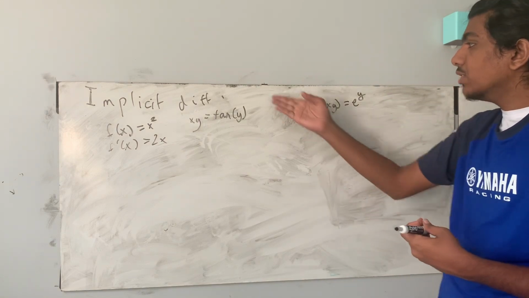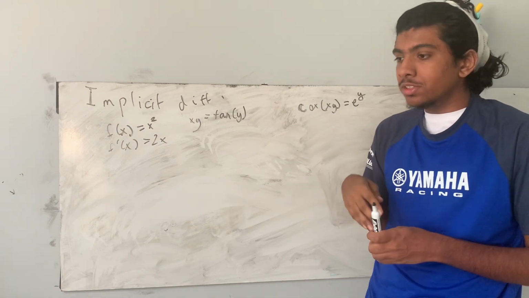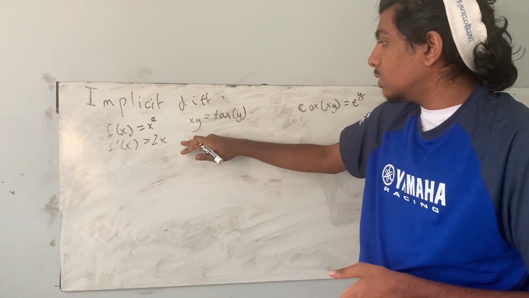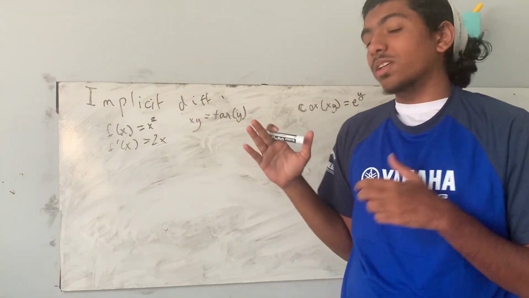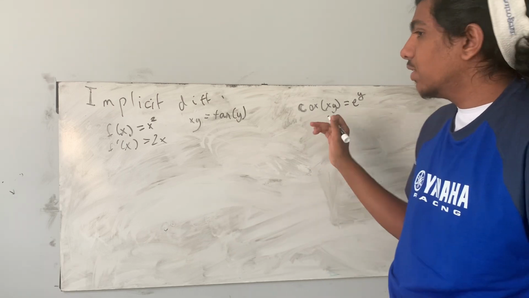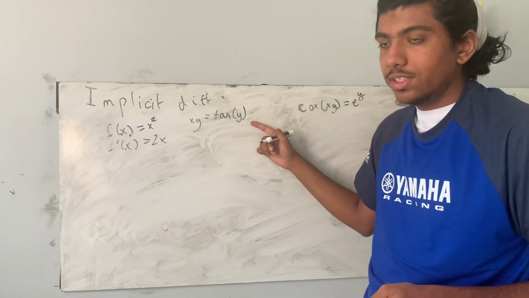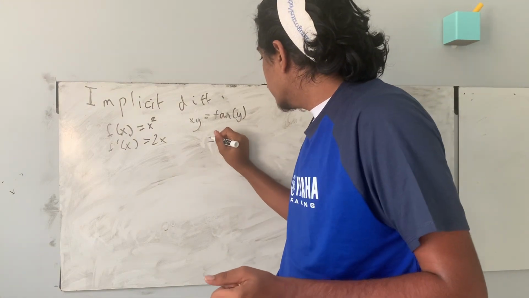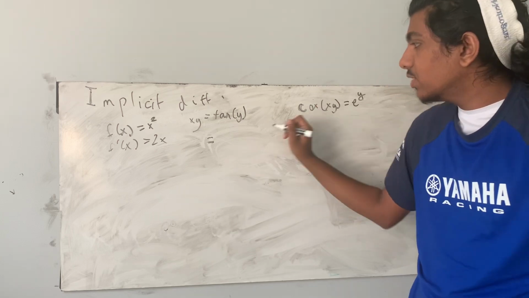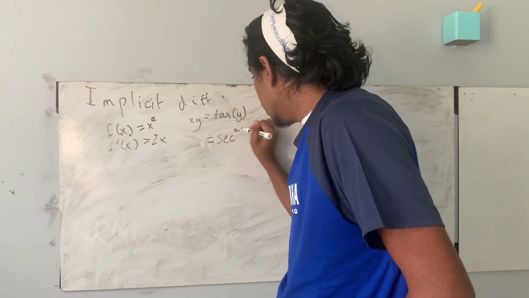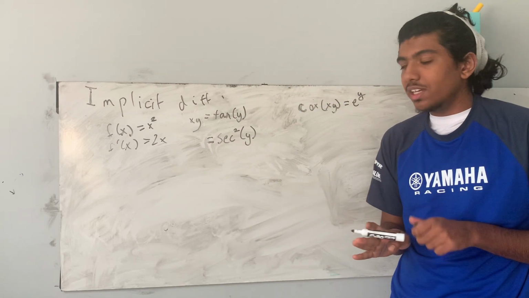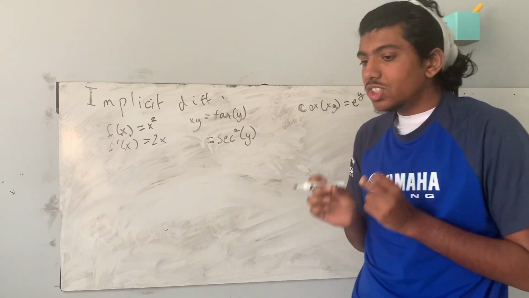So we can do that by using the same idea that I just erased, the chain rule. Let me walk you through it. This is a product rule right now, so let's skip the product rule for now and first talk about this. Let's do the chain rule this time. Derivative of tangent is what? Secant squared. Secant squared y. You keep the y on the inside. Now this is the chain rule part.